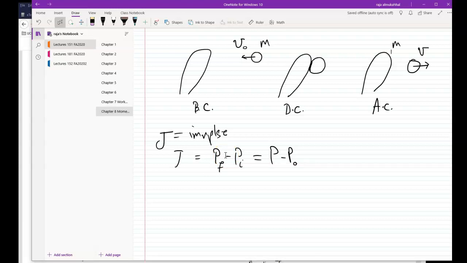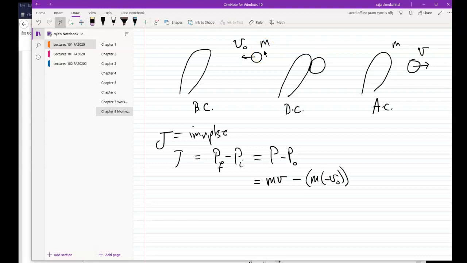Now, momentum is mv. Remember, momentum is a vector, so the velocity here is going to the right. So the final momentum is mv minus the initial momentum. Well, here it is, and that's m times minus v, correct?